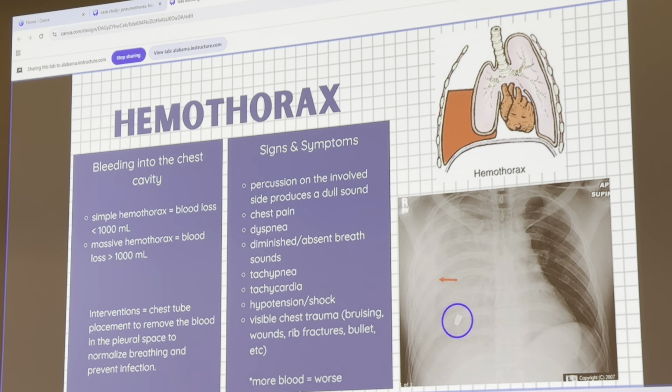Signs and symptoms. It's going to be very similar to your pneumothorax signs and symptoms. Other thoughts though: hypotension and shock. They're losing a large amount of blood volume into that intrathoracic space.